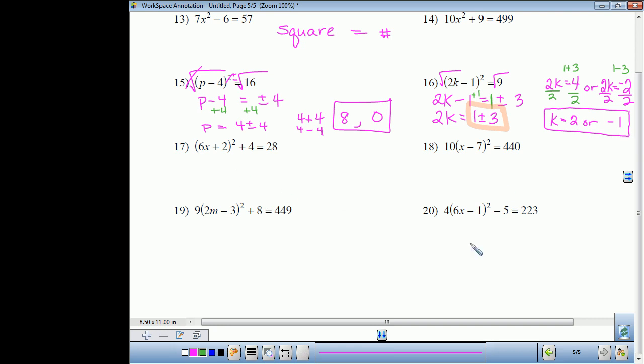Okay, so the next 4 are kind of a combination. We do have a quantity squared, but we also have some extra stuff. So what we have to do is get it to where it's just something squared equal to a number. So this stuff is squared, I have to get rid of this. How do I get rid of positive 4? Minus 4.